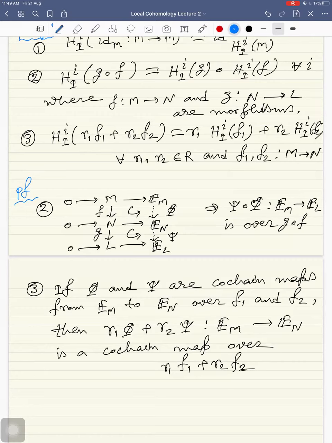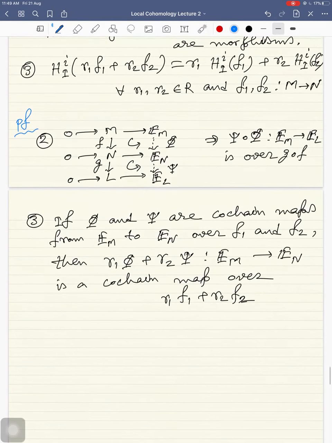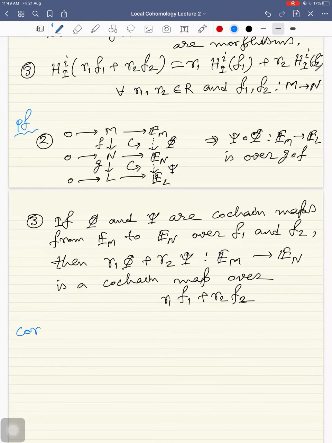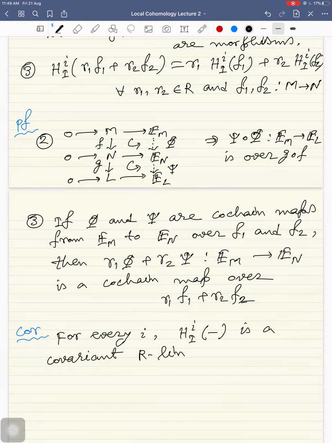So as a consequence of all this, at least we can write this one. It says that for every i, this i-th local cohomology is a covariant R linear functor. Why R linear? Because it preserves R linearity.